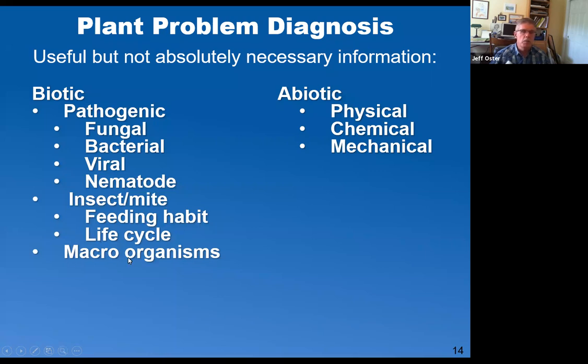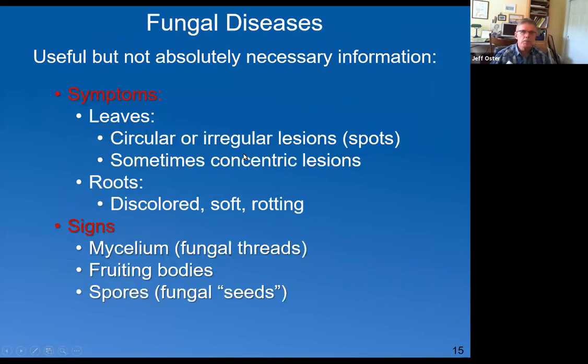And macroorganisms, in other words, all those pesky things that are really ugly in your landscape, like gopher holes, moles, deer eating your plants. And abiotic, just a physical environment like frost or heat or that sort of thing may cause symptoms. Chemical from sprays or other application of materials in your garden, maybe even excess fertilizer, or mechanical like string trimmer blight. You got too close to your tree with your string trimmer and peeled off the bark.